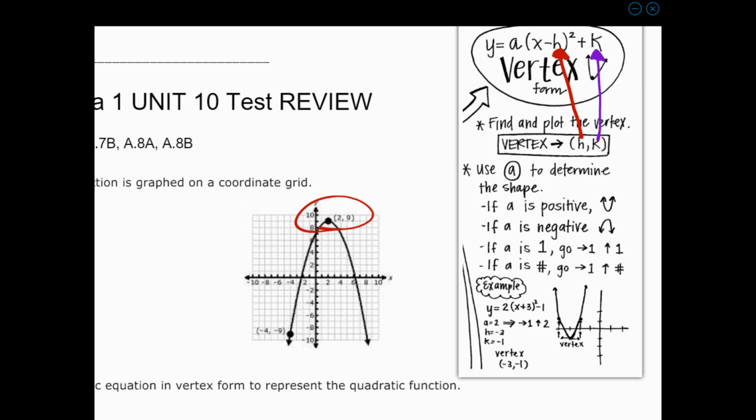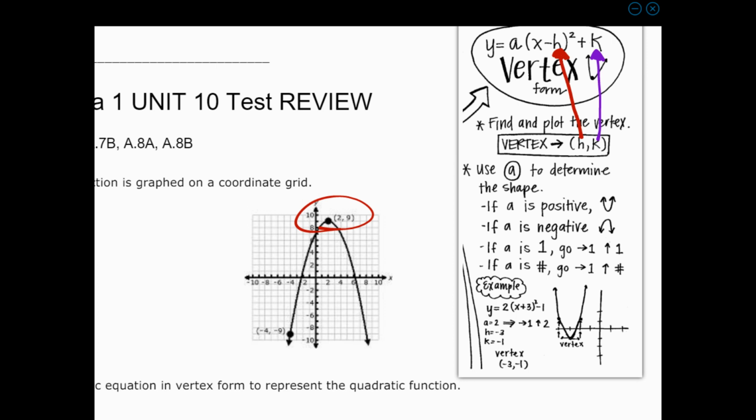You do not have to have the vertex form memorized. It will be on your formula sheet that you get for the STAR test. It's down here in the bottom in the quadratic section. Okay, so you don't have to have the vertex form memorized, but you do have to know what the parts of it mean. Okay?